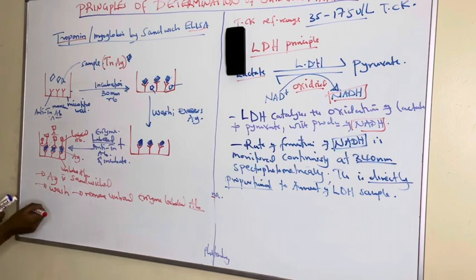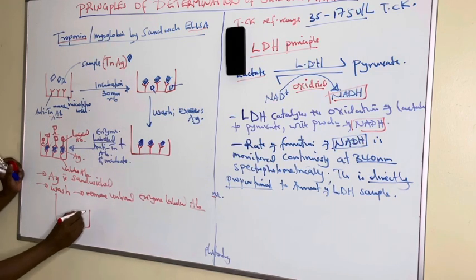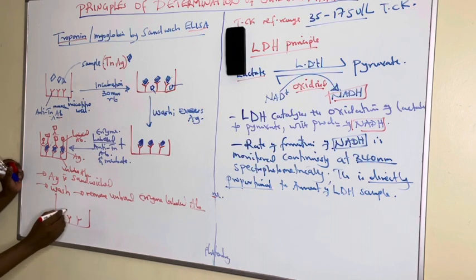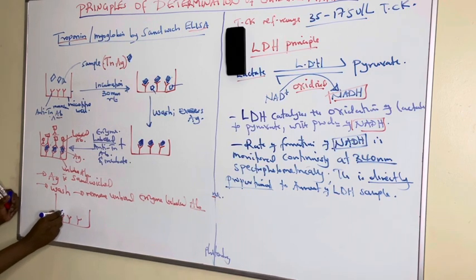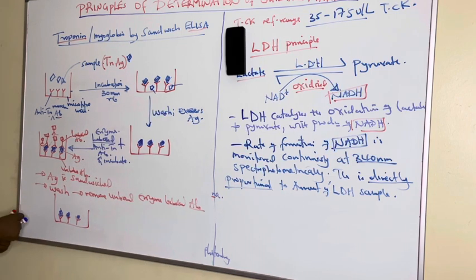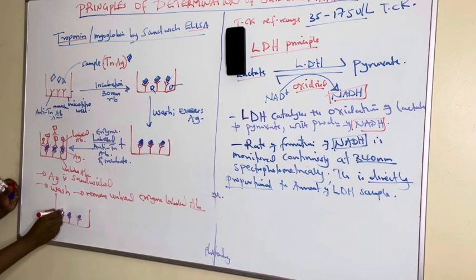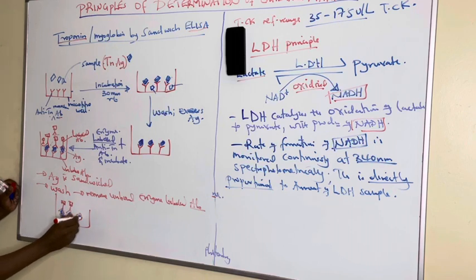And when we remove them, we remain with this, the antigens sandwiched in between, with the labeled antibody added. So the essence of washing was to remove the unbound enzyme labeled, or enzyme linked, antibody.